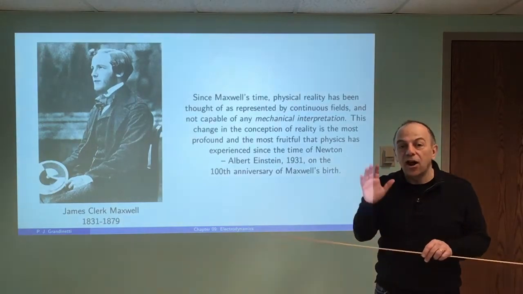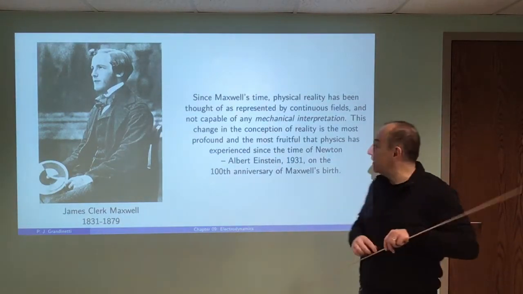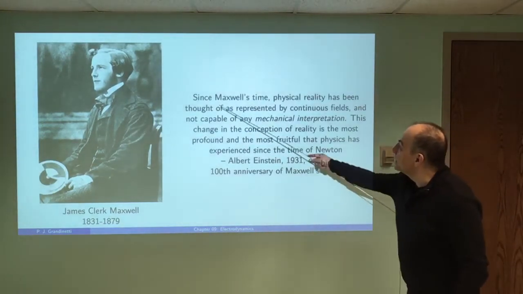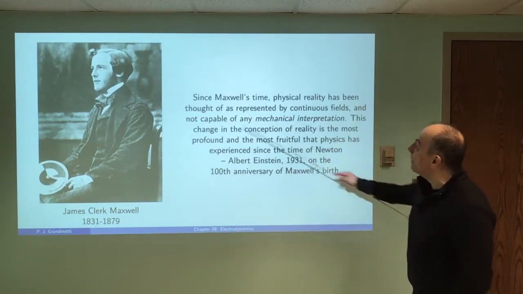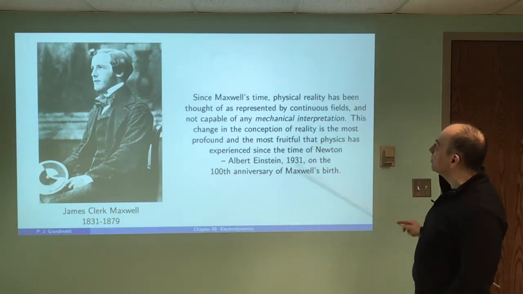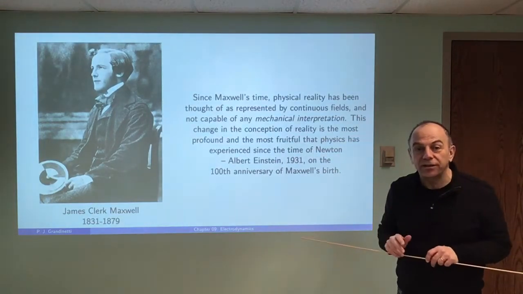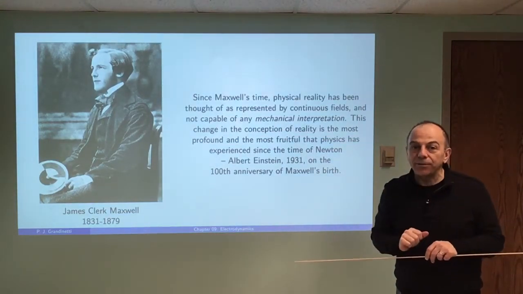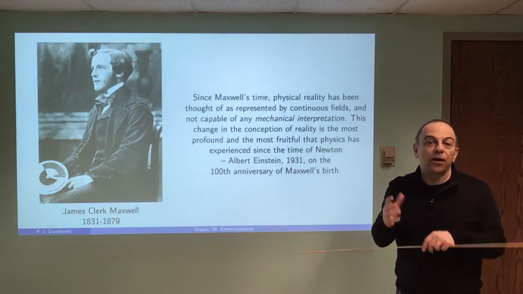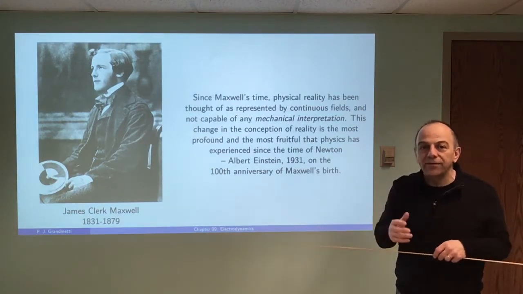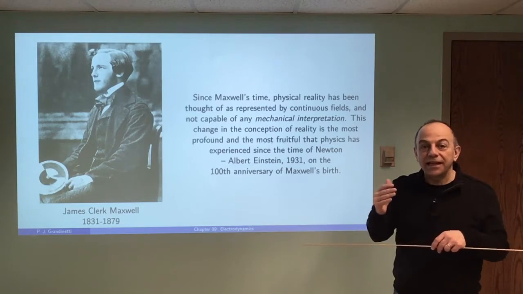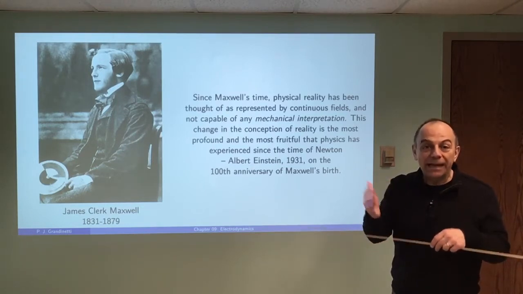It changed our perception of reality. And as Einstein writes here, since Maxwell's time, physical reality has been thought of as represented by continuous fields and not capable of any mechanical interpretation. So remember, in the last chapter on waves, we learned that all classical waves were oscillations in some kind of mechanical medium, right?